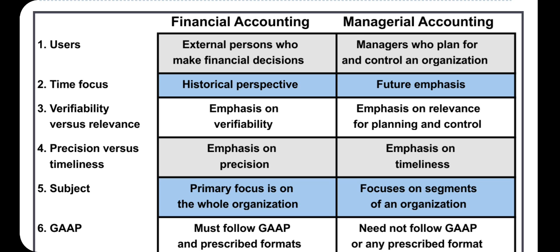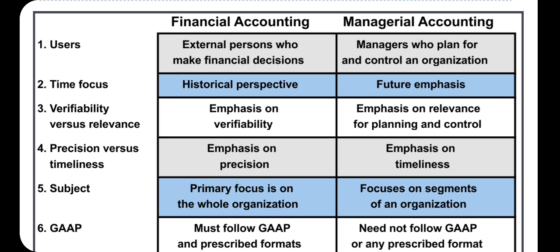But for management accounting, most of the time the focus is on timeliness. Everything has to be done or calculated quickly. Why in management accounting is the focus on timeliness, not accuracy? The focus is on timeliness because you prepare the data for the manager.